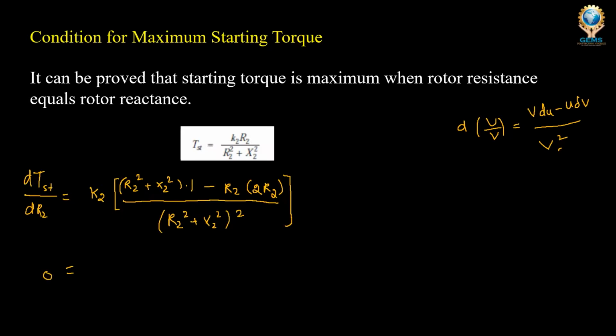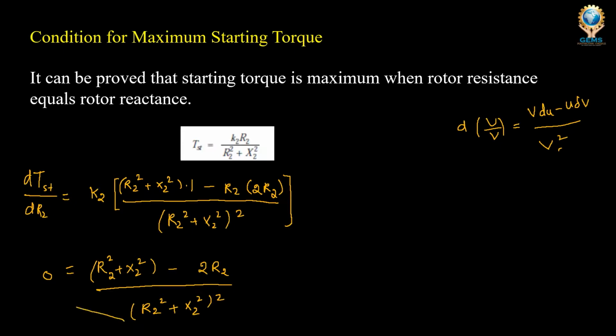So we bring the denominator to that side, so that will become 0. So just take these values. What will be the value? R2 square plus X2 square minus 2 R2 square, divided by R2 square plus X2 square whole square.